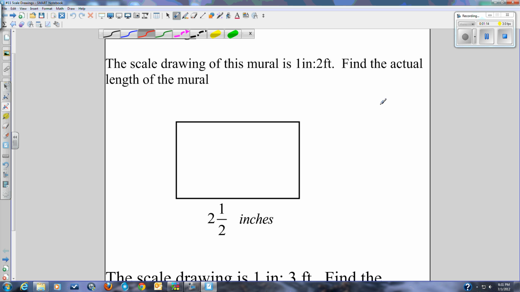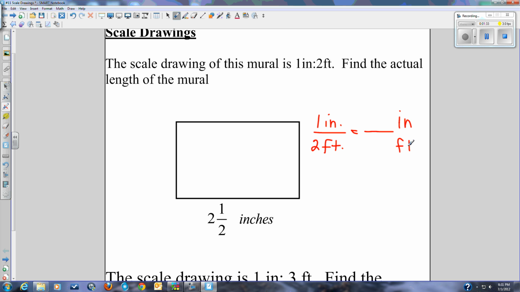So let's go ahead and make a proportion. The actual scale is 1 inch to 2 feet, so we're just going to write that in fraction form. And as you probably remember, you place the same units right across from each other. Now let's think about what we know.